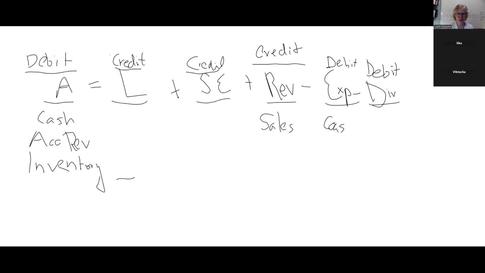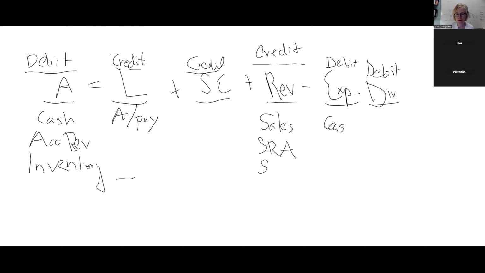We've been using accounts payable before, so we're going to keep using accounts payable. And we have contra sales accounts, sales returns and allowances, when the customer sends stuff back. And we have sales accounts.